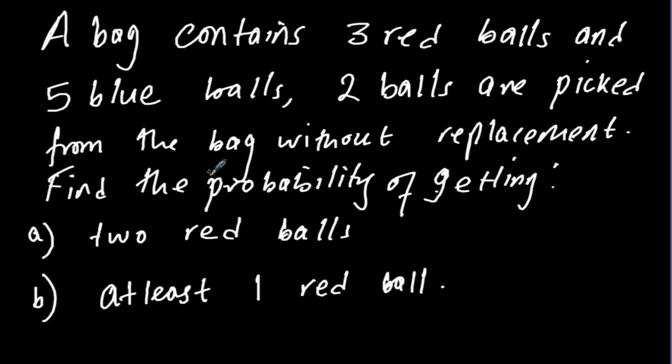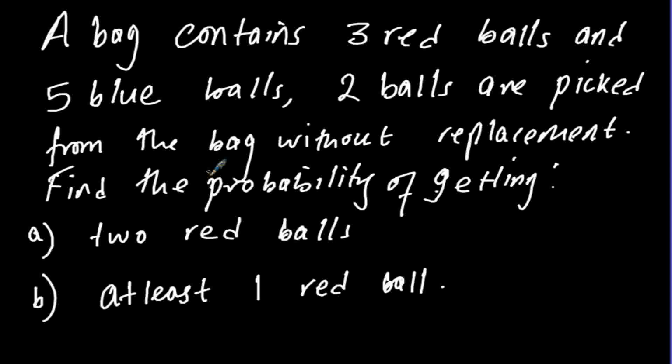Hello, in this video we are talking about probabilities, and the question is: a bag contains 3 red balls and 5 blue balls. 2 balls are picked from the bag without replacement.